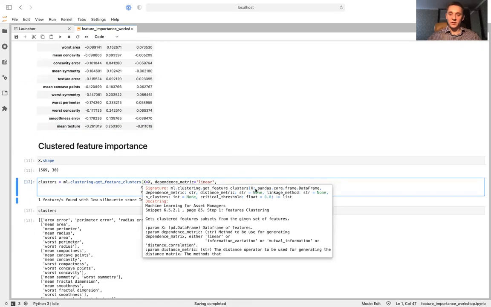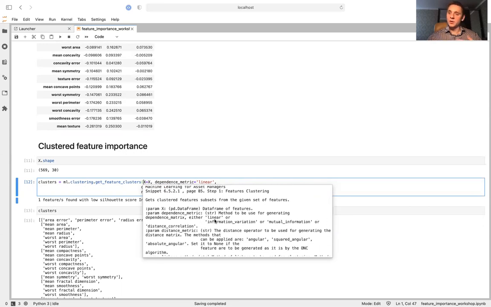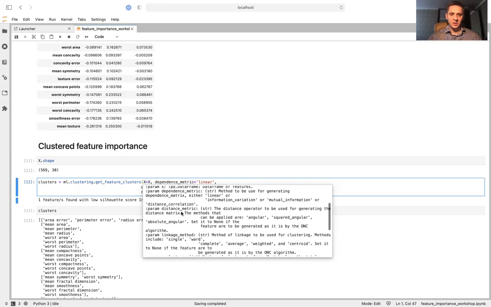The first one is our data frame of features. The second one is the dependence matrix, which can be either linear for linear Pearson correlation, information variation, mutual information, or distance correlation. It also takes your distance matrix, which can be either angular, squared angular, or absolute angular.